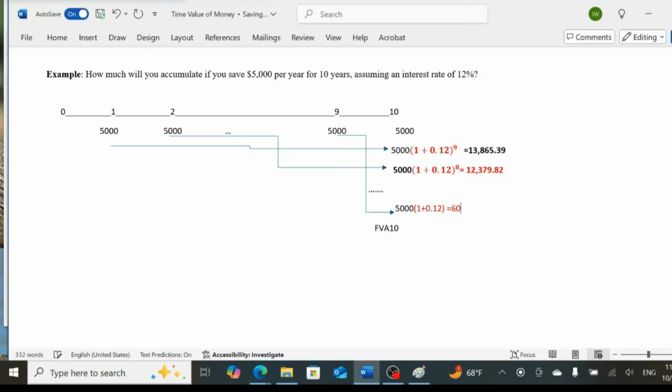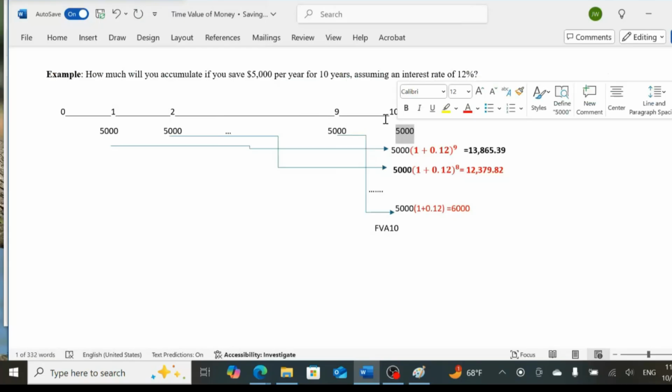And the last one is 5,000. If you close your account by the end of 10 years, it hasn't earned interest.